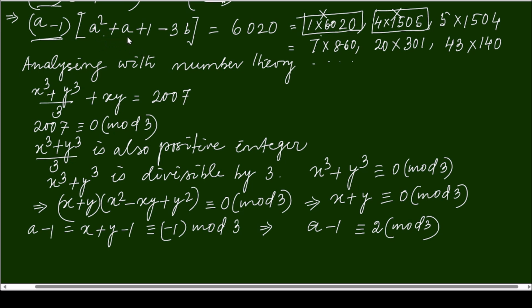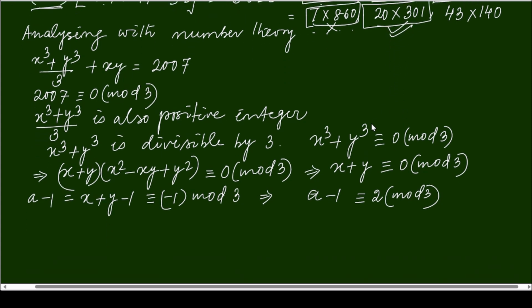So 6 squared plus 6 plus 1 minus 3 times b would be a negative quantity, so we will not take this one. Now coming to 7, it is not 2 modulo 3, so this is cancelled. Then coming to 20, 20 divided by 3 leaves remainder 2. Yes, it is serving the purpose.